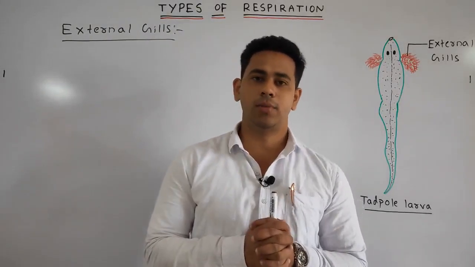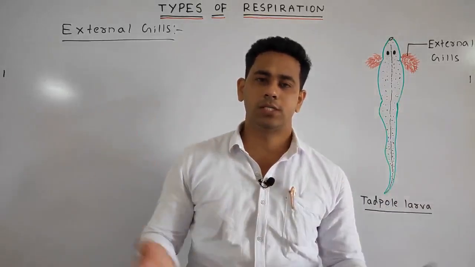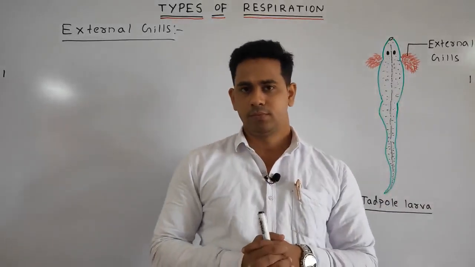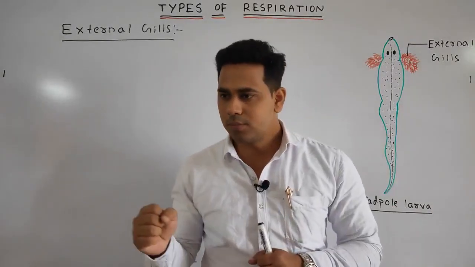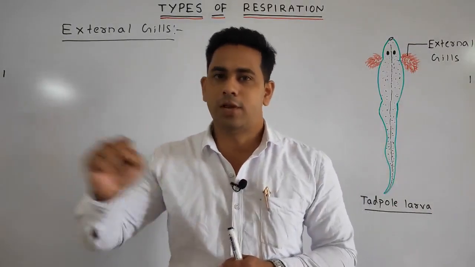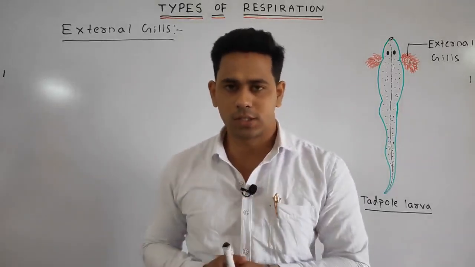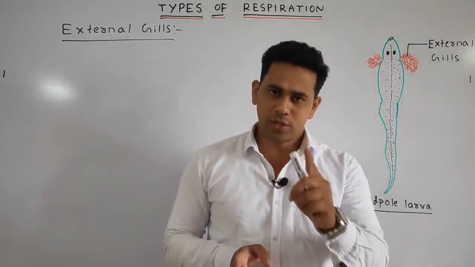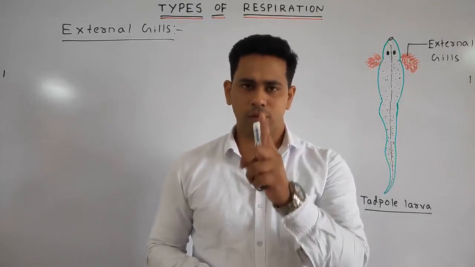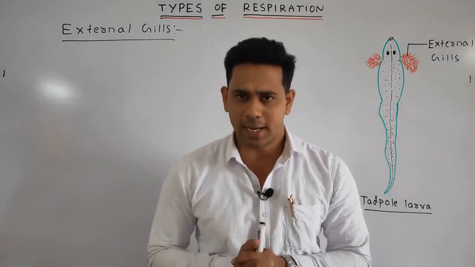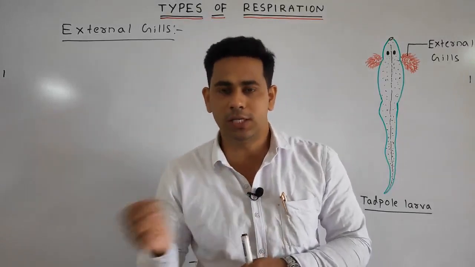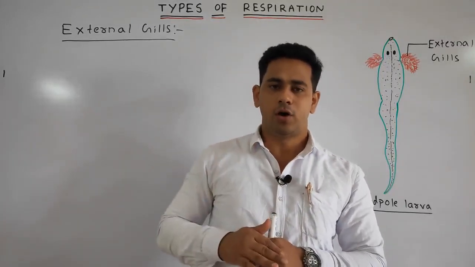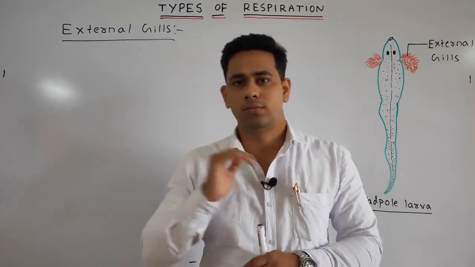From the three germ layers only, the complete organism has evolved. Some germ layer will give rise to some organs, another particular germ layer will give rise to other organs. Similarly, the external gills are always derived from the ectoderm. That is why it is written that the external gills are ectodermal in origin, meaning they were derived from the ectoderm.